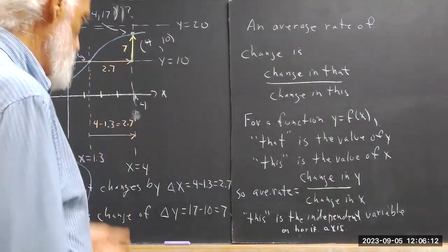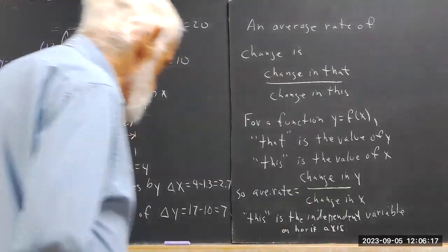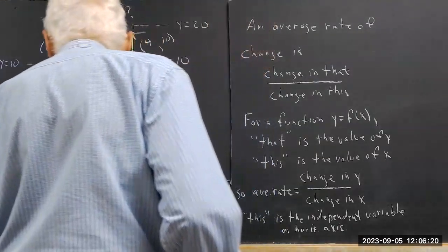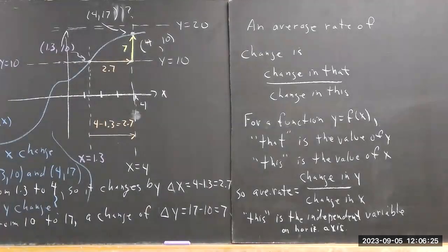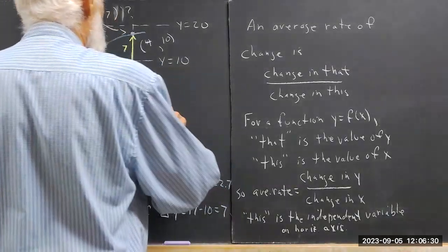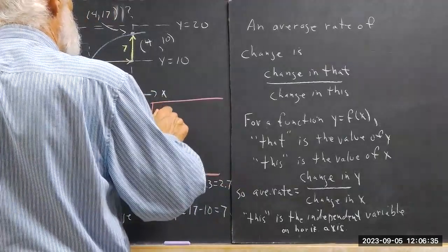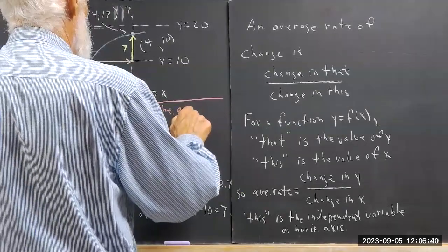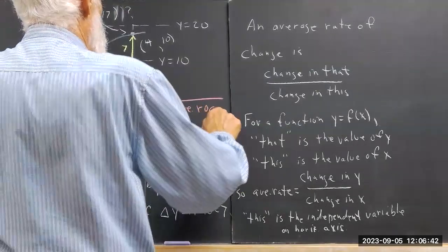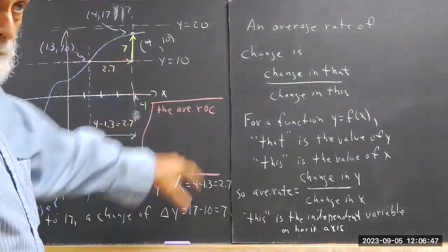Okay, so I write this out in a little more complete form. Where's my red chalk? As a rate of change takes up a lot of board space, I'm going to abbreviate it ROC.